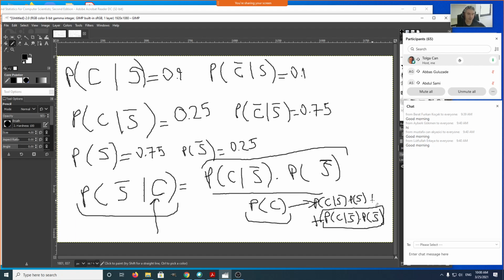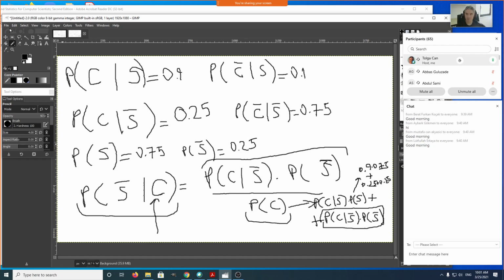The other that we add is the case where the student studies. Everything is given: 0.9 times 0.75, plus 0.25 times 0.25, and the numerator is also 0.25 times 0.25. So you just do the math with your calculator and you get the answer.